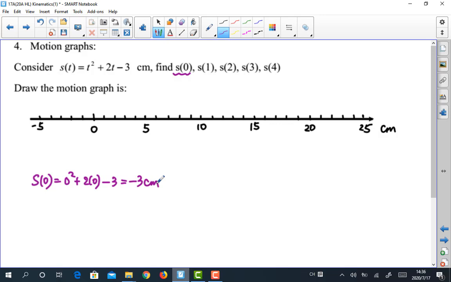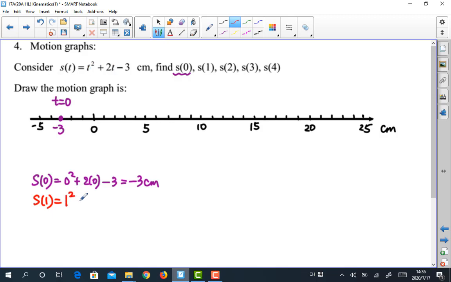So when t equals 0, the moving object is at the left side of the origin O, and it's 3 centimeters away from the O on the left side. What's the meaning of s of 1? When t equals 1, where is the moving object P? Let's replace t with 1.